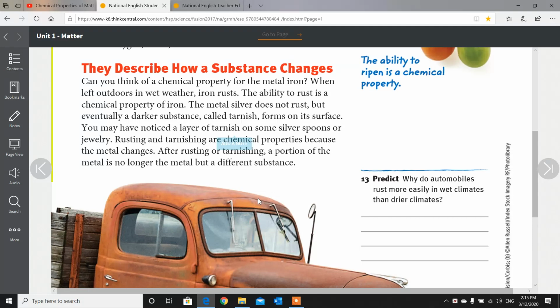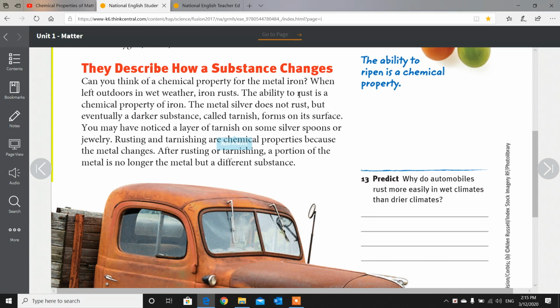Now, did you ever try to leave the iron outside doors for a long time in wet weather? Leave it for a time and then come back to see what's happened. You will see something we call rust. Guys, what is rust?